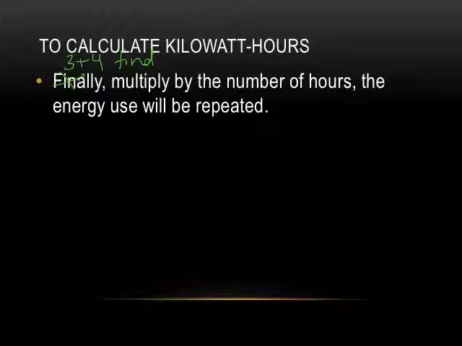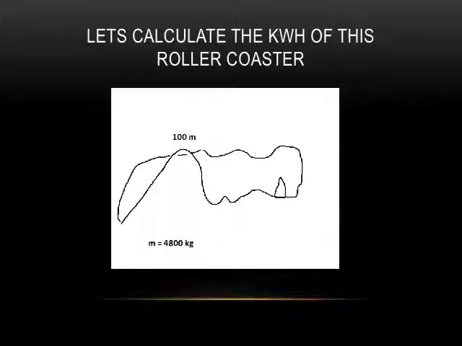In order to make this make more sense, we're going to go through a sample problem. Let's calculate the kilowatt hours of this roller coaster. We have our mass, we have the height. And one more thing: it takes 40 seconds for the roller coaster to go from the very bottom up to the top.